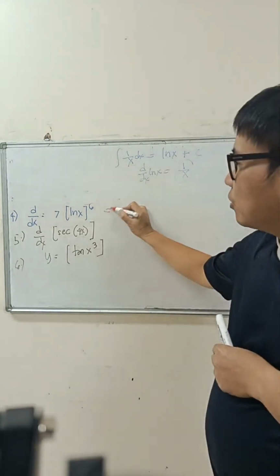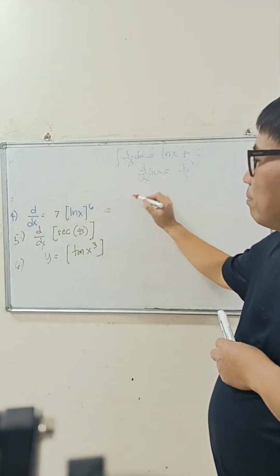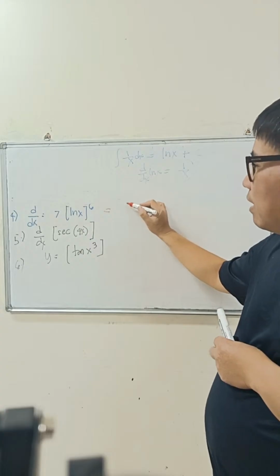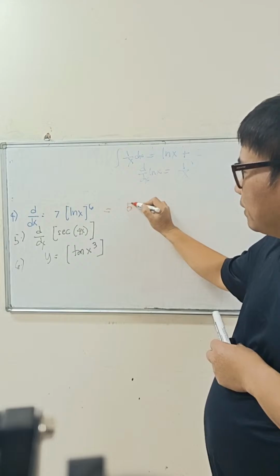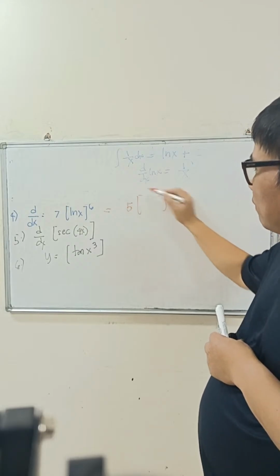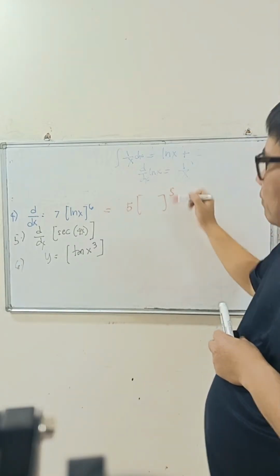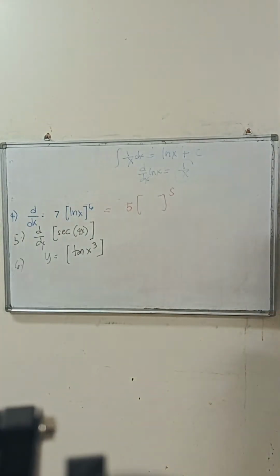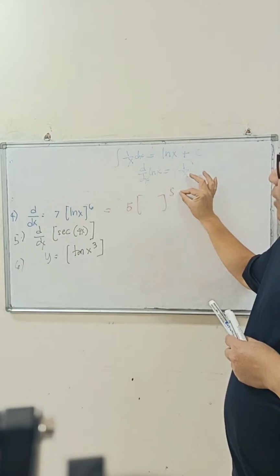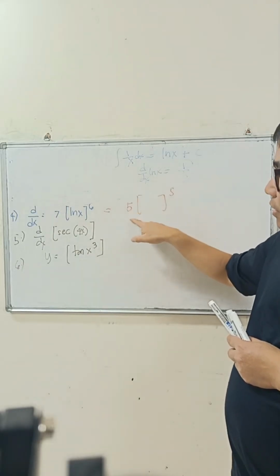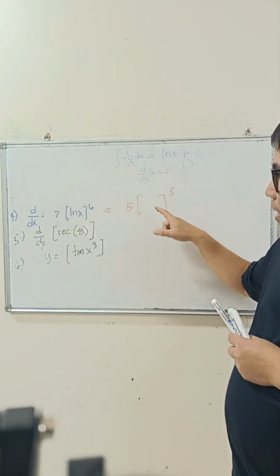So we have here 6 minus 1, this is 5. So the exponent will be 5. You get the point? Your result of the exponent is moved down beside the expression.